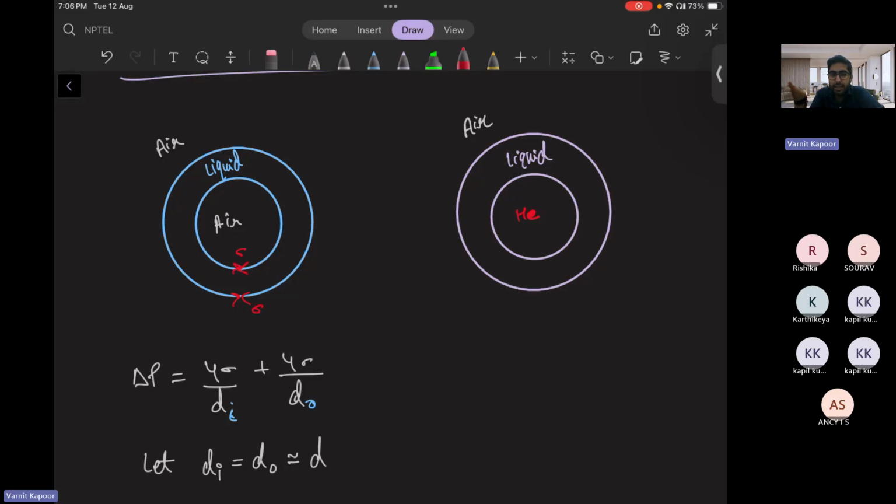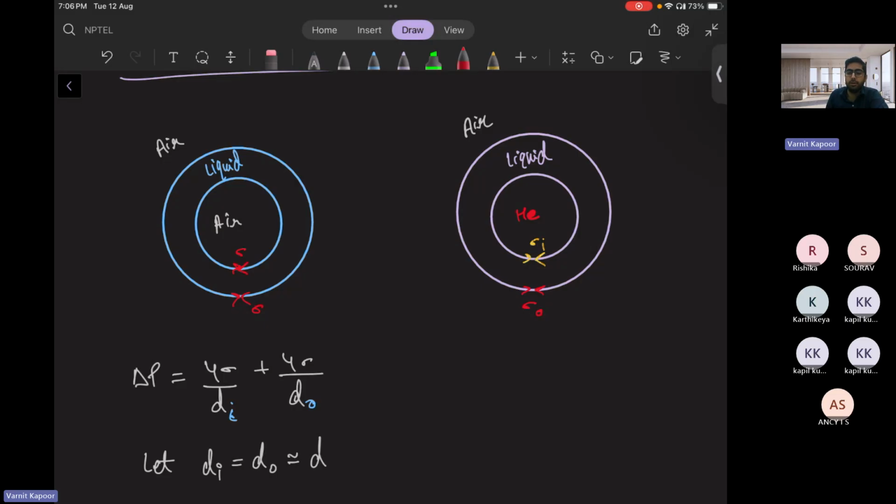So if the inside gas is different from the outside gas, eventually the surface tension values will differ: sigma I inside, and outside will be different, that is sigma out.